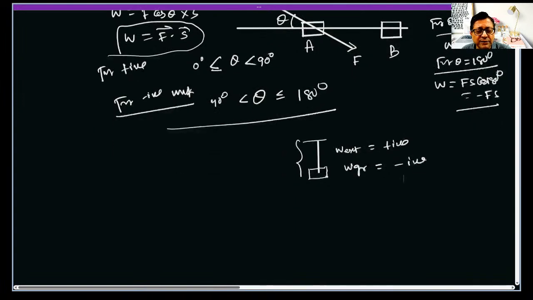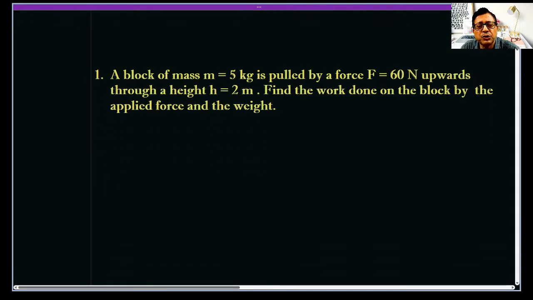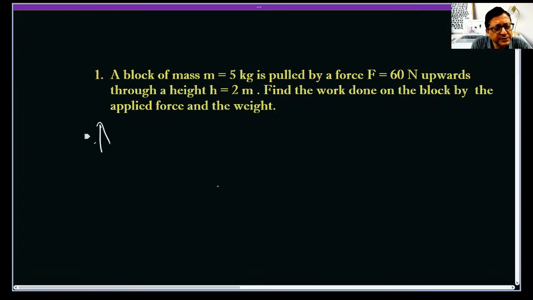Let us work on it first. A block of mass 5 kg is pulled by a force upward through a height of 2 meters. Find the work done on the block by the applied force and the weight. Weight means gravity.